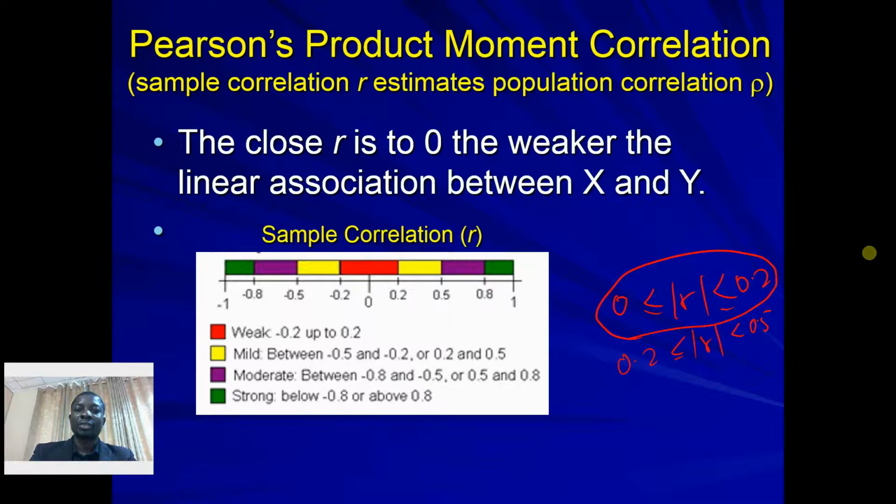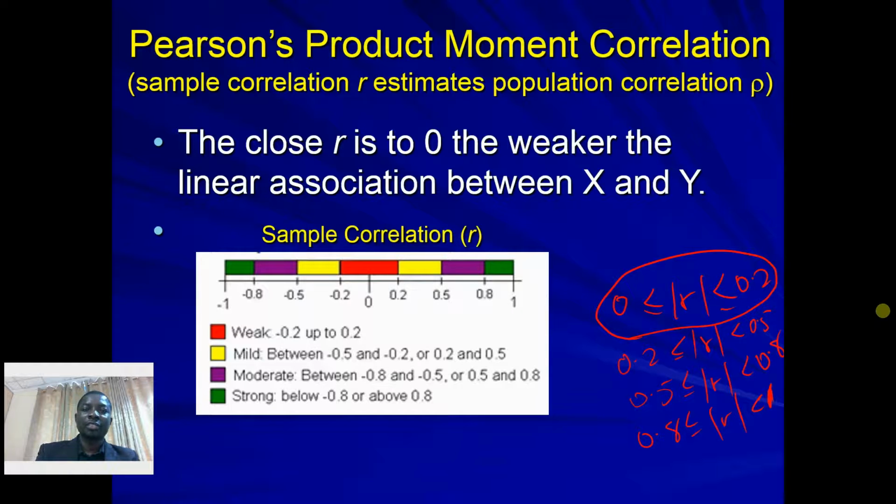And then you have moderate, which is about 0.5 up to less than 0.8. So we say that this one is a moderate relationship between the two quantities. And if you have r of 0.8 and above, up to 1, then we say that the correlation coefficient here is strong.